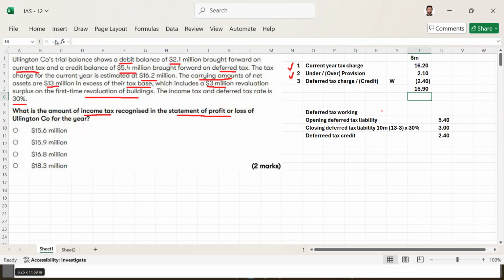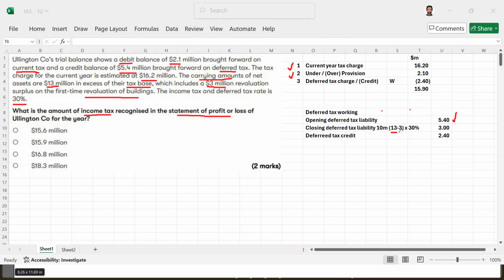Okay. So you can see that the under over provision and the current year tax charge was straightforward. In terms of the deferred tax, we had to do some calculation. The opening value was provided. No calculation was required here. We only needed to find the temporary differences. The difference between the carrying amount and the tax base was 13 million.